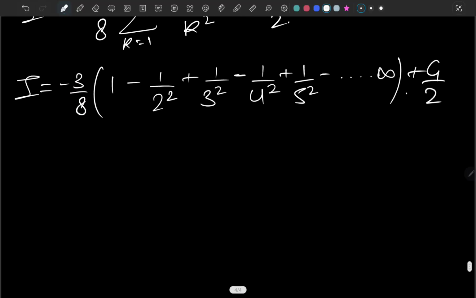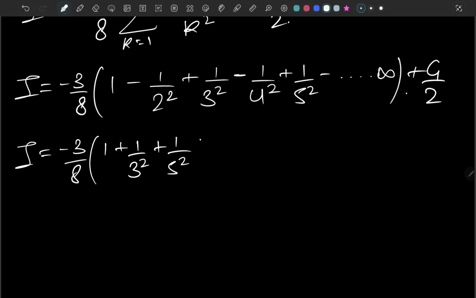Now what I can do here is talk about the even reciprocals squared and the odd reciprocals squared. So basically I'm talking about negative 3 over 8 times 1 plus 1 over 3 squared plus 1 over 5 squared dot dot dot to infinity.